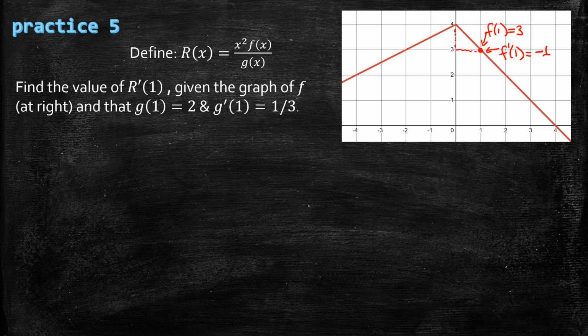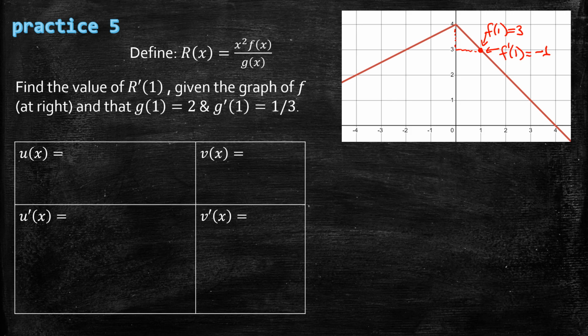So given that fact, let's set up our structure for the quotient rule. Now, instead of just calling it u equals, I'm going to actually say u of x equals, in this case, let's go back to this, x squared f of x. And that's the upper function, and the lower function is just g of x. The reason I'd like to do that is because from this point, I can also figure out what u of 1 is.